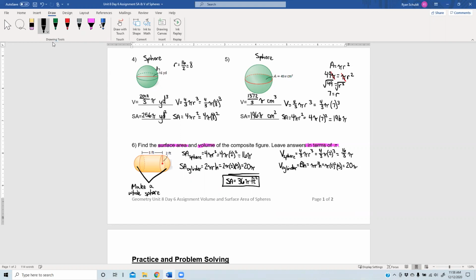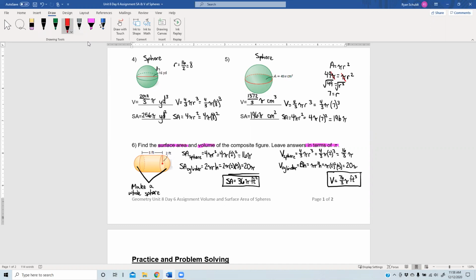Again, to get the total volume, we add these up. And we're going to leave it as a fraction because, like I said before, I want exact answers. So we'll say 76 over 3 pi feet cubed. That's our exact volume.